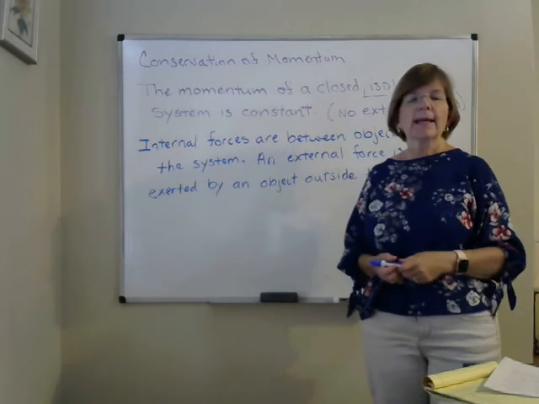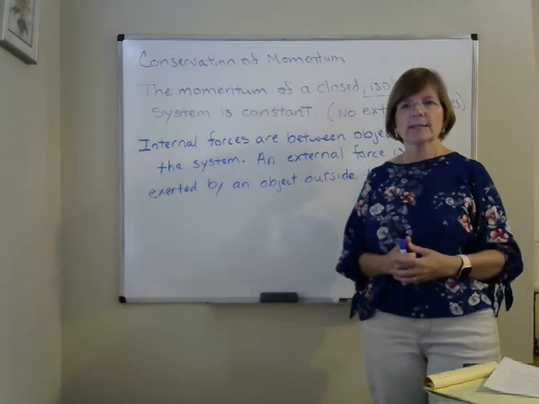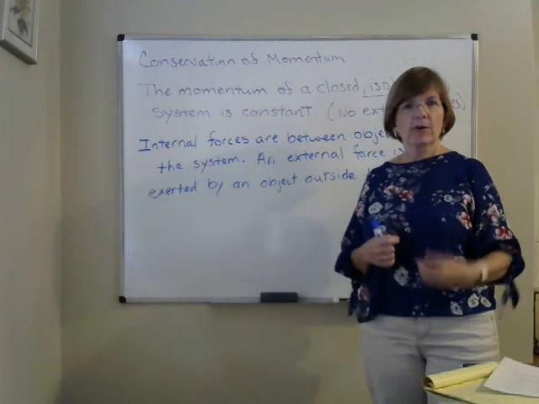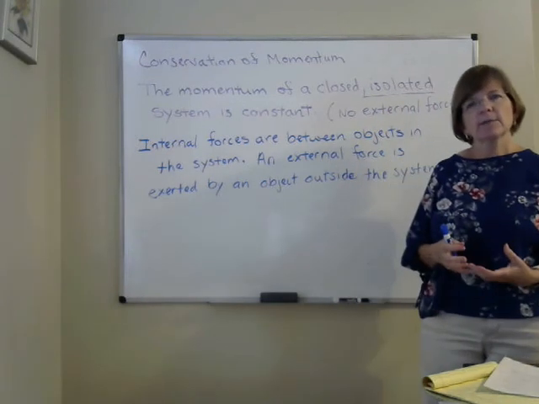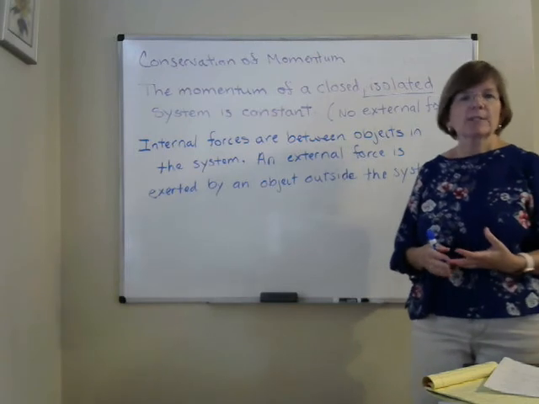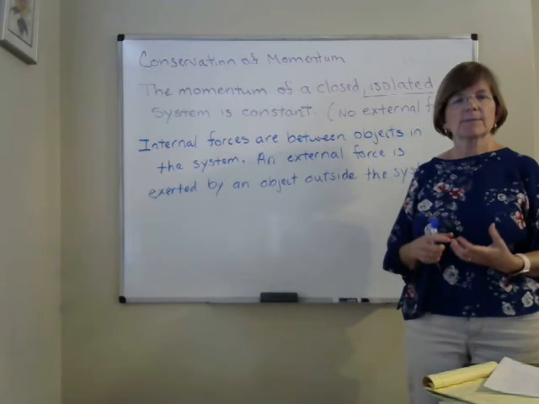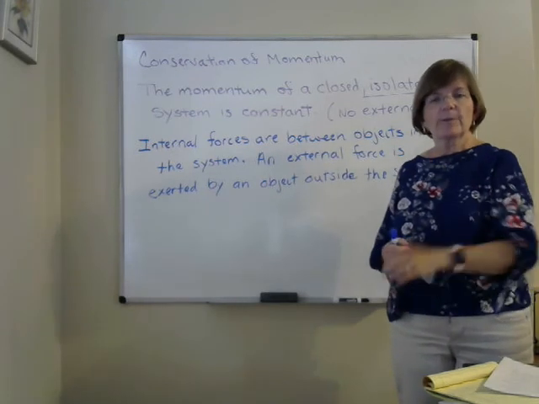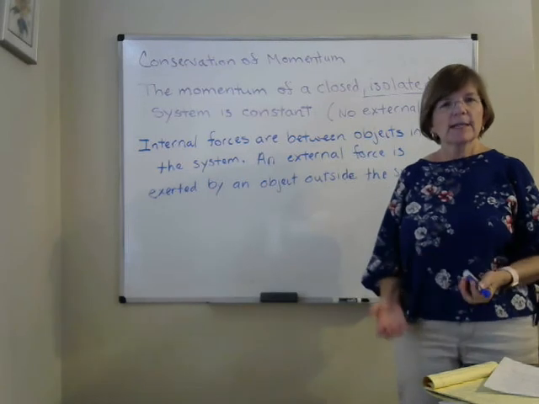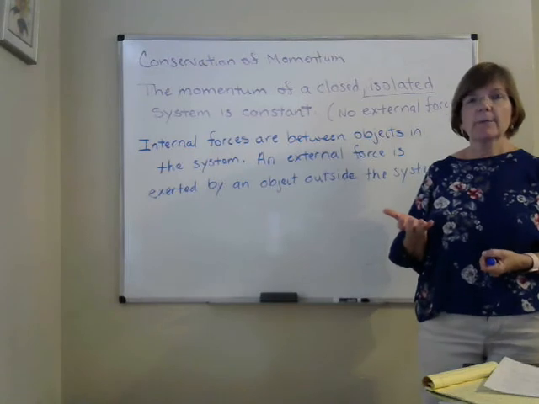Now, if I change the system and say, oh, I didn't mean for the marker to be the system, I want the marker and the earth, those two objects, to be the system, well, then that force is an internal force. And we see that the total momentum of the system is still constant. The marker gained a downward momentum, but the earth would gain an upward momentum because it feels an equal but opposite force up.